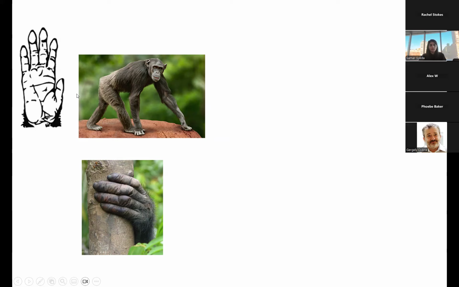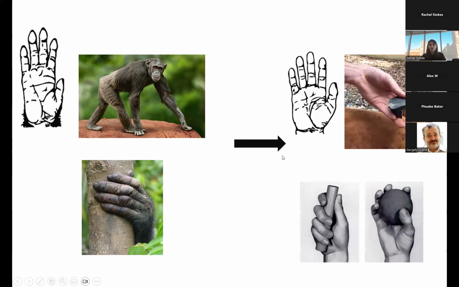So really long fingers, really short thumbs, a hand mostly used for locomotion and grasping, to a hand that somewhat looks like what we modern humans have now, where we have really long thumbs relative to our fingers, and we're capable of quite precise and quite complex manipulation. And really forceful manipulation as well, which because of the different hand proportions and a variety of other morphological features of the hand in great apes, is not really possible.